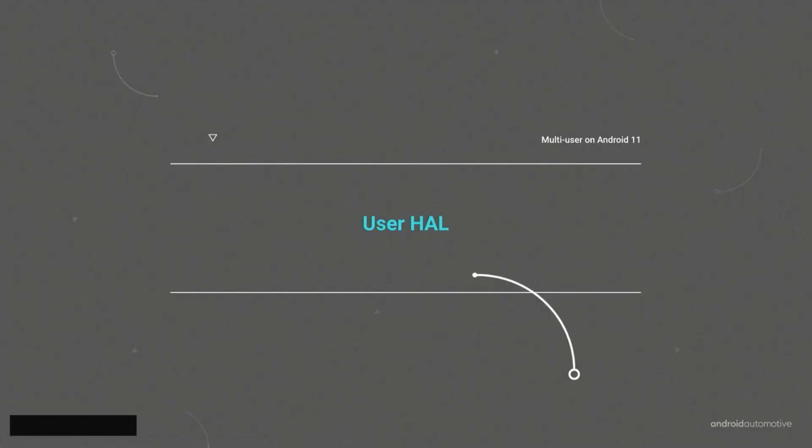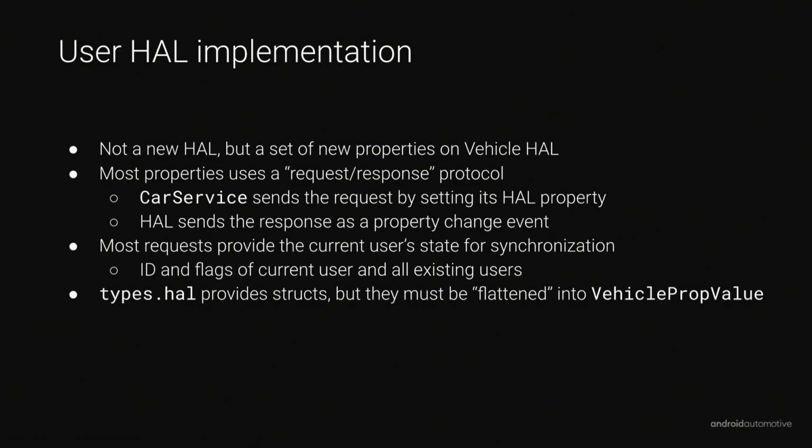So let's start with the user HAL itself. When I say user HAL, it might sound like you have to implement a new HAL, but actually that was our initial idea. We thought that would be too much work for the OEM, so we decided instead to add the new properties to the existing vehicle HAL. Now, this so-called user HAL is more like a request-response protocol where car service needs to ask the HAL for something and the HAL has to respond.